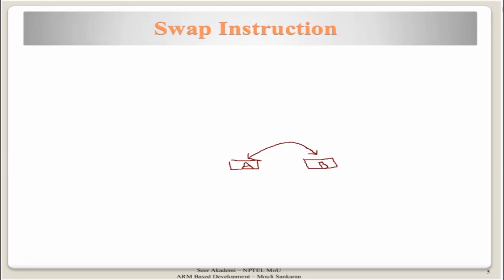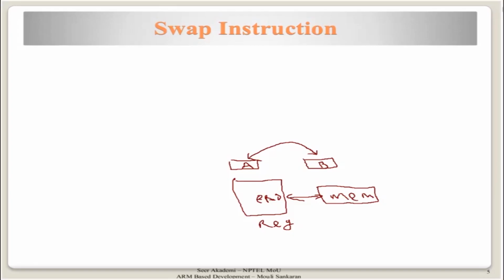In our case, the CPU, the ARM processor, is here, and we have a memory. Now we want to swap contents between these two. That means we have a specific register in the processor and a specific location in the memory, and we want to swap their contents.